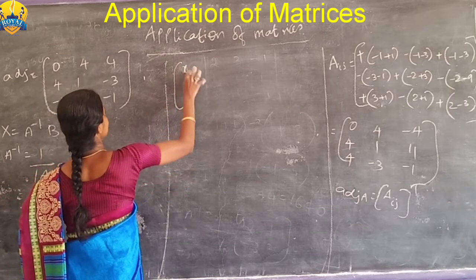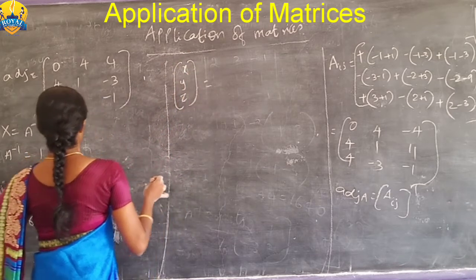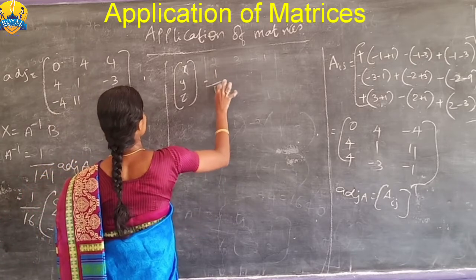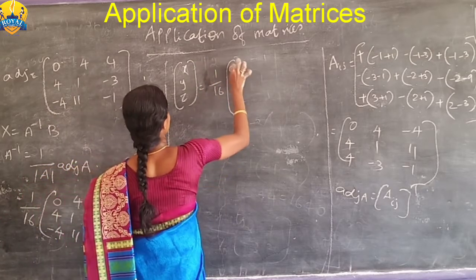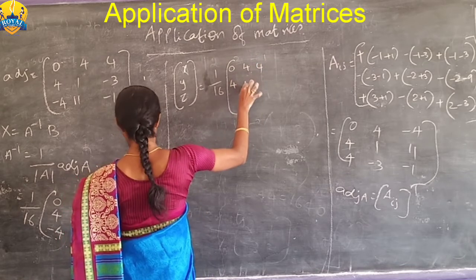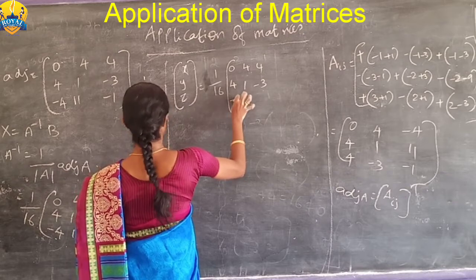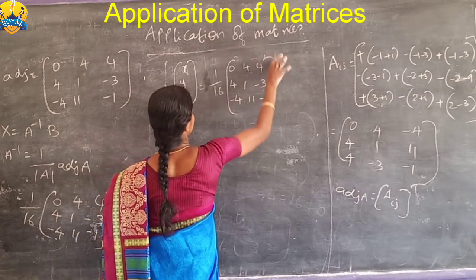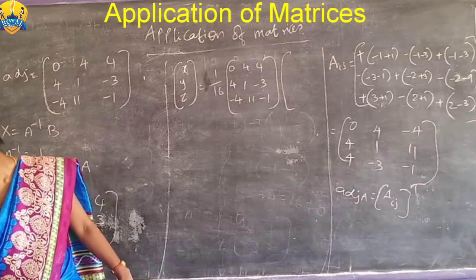So I have x, y, z equal to A inverse B. My A inverse is 1 by 16 of 0, 4, 4, 4, 1, minus 3, minus 4, 11, minus 1, multiplied by my constant matrix.